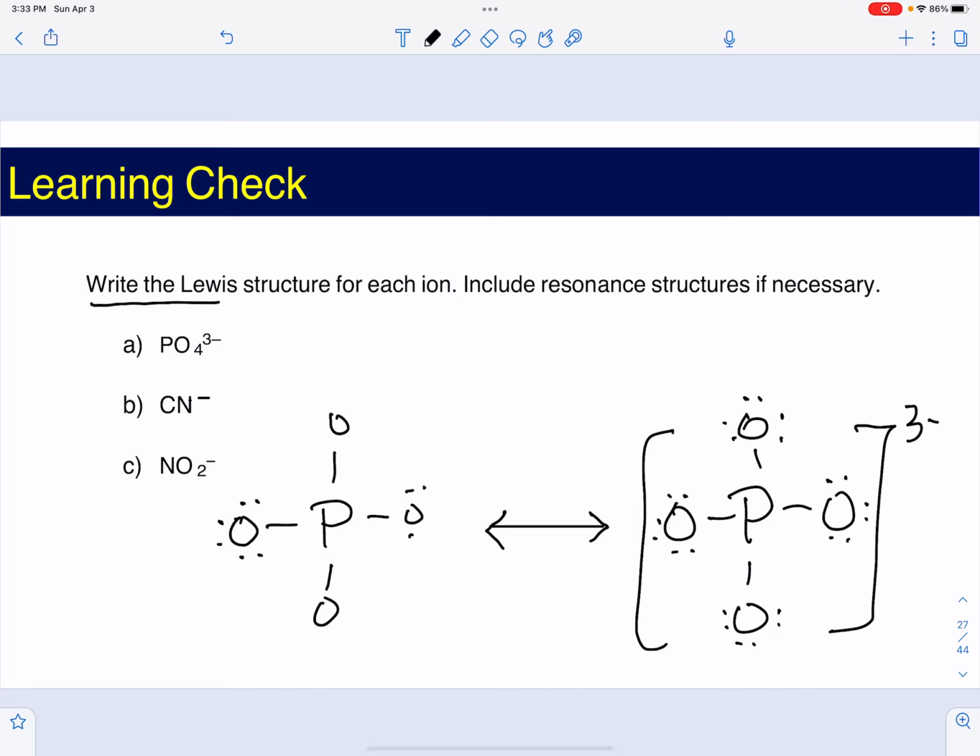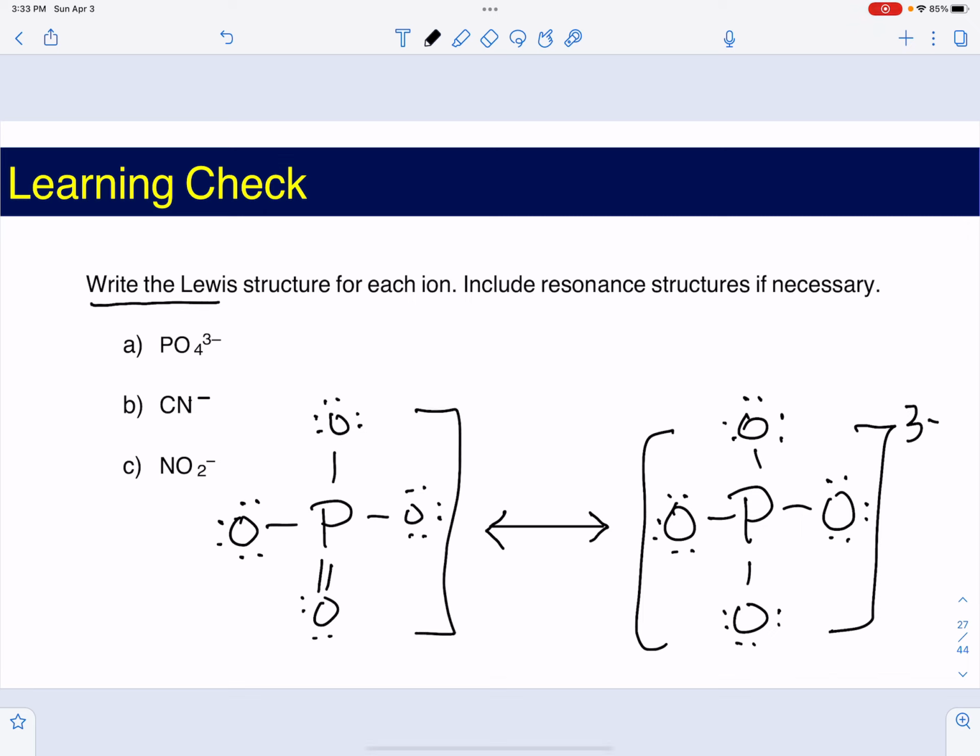So I'm doing exactly the same thing we have on the right side, and then I'm going to modify it. So a resonance structure will be, we can eliminate these 2 electrons, and we can put them in between these 2. Remember, a line is 2 electrons. That would be a possible resonance structure.